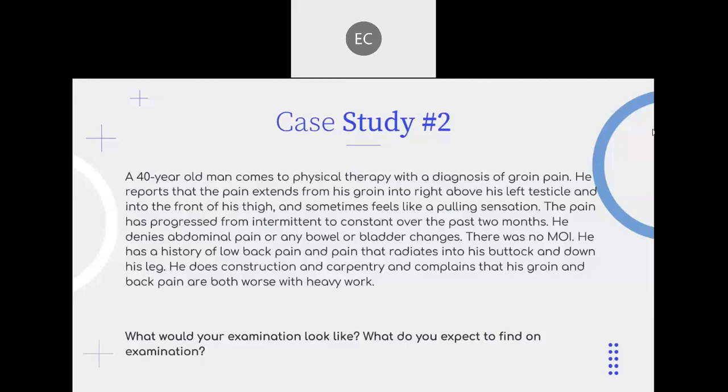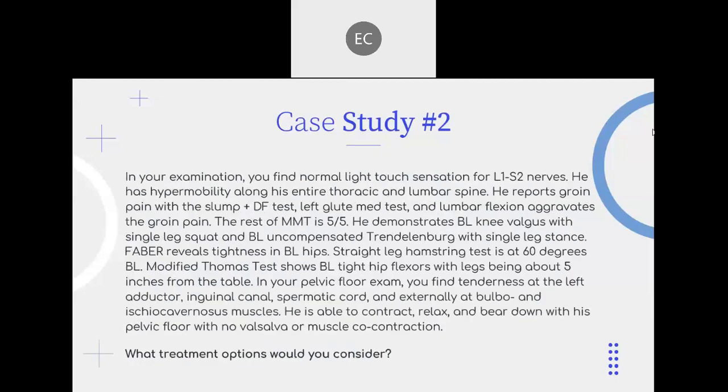A hypertonic or spasming muscle is going to sit up higher, but it's not going to move very well. So it might feel like a pretty dense muscle, but it's not moving very well. I'm expecting probably non-relaxing, and maybe it'll be difficult to isolate that muscle as well.